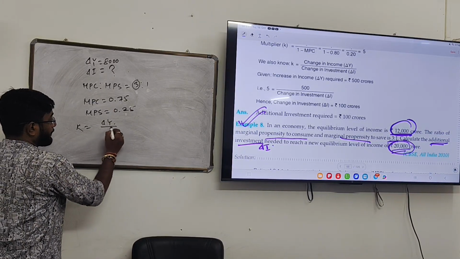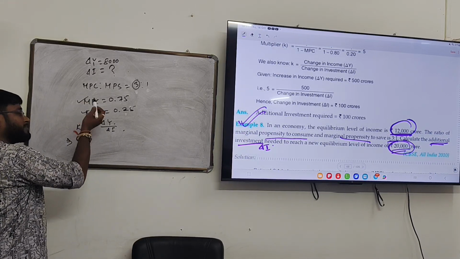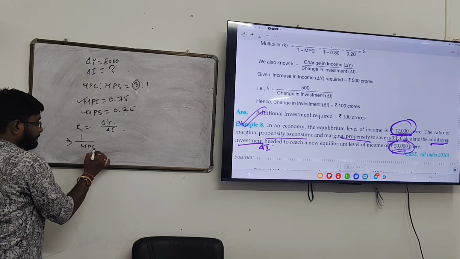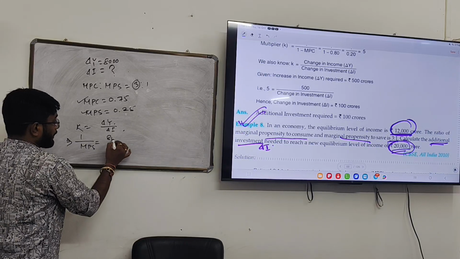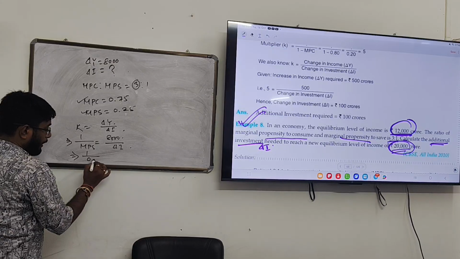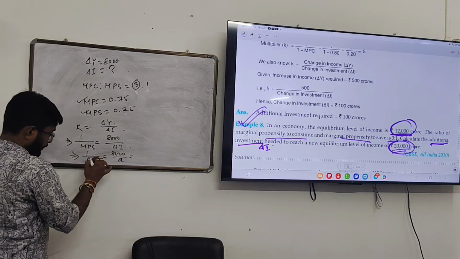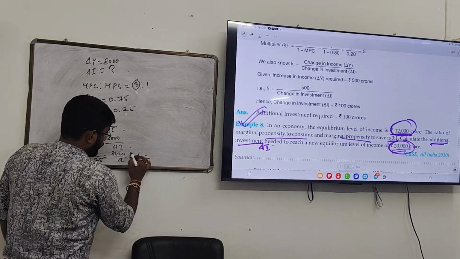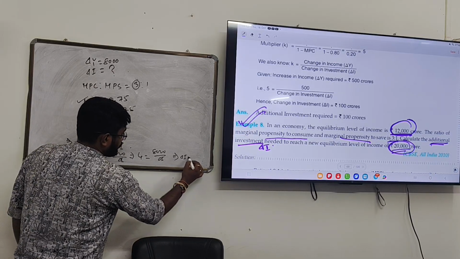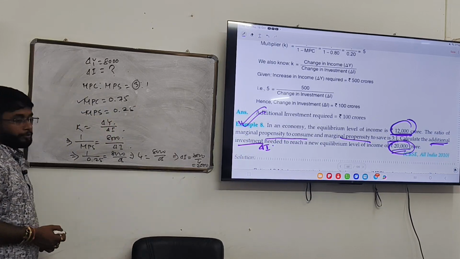The rest of the solution: k equals delta Y by delta I, and for k we can use either formula. Let's use 1 by MPS is equal to delta Y, which is 8,000, by delta I. Now 1 by 0.25 equals 8,000 by delta I. That is 4 equals 8,000 by delta I, so delta I equals 8,000 by 4, which is 2,000.